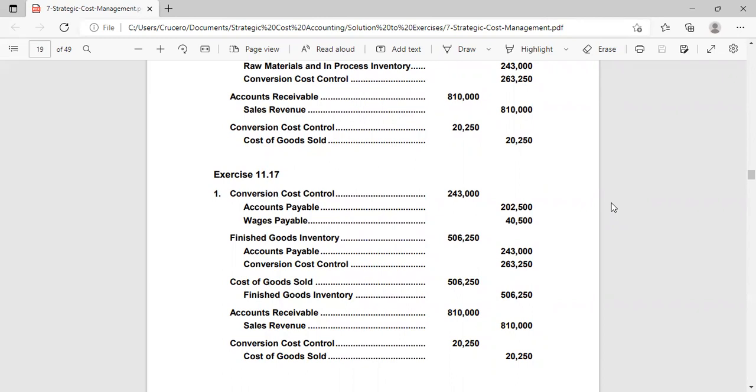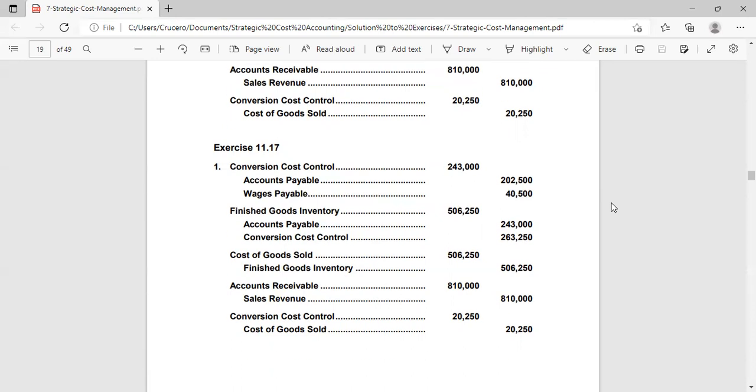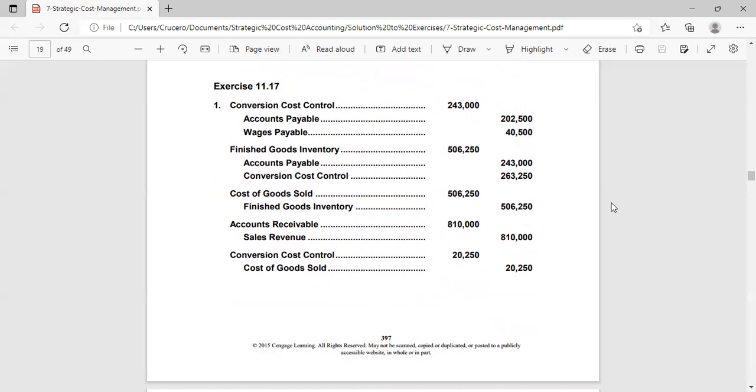Refer to exercise 7-15. So we now debit conversion cost control for factory overhead actual and direct labor. Then we debit finished goods, credit accounts payable, and conversion cost control for the amount applied.